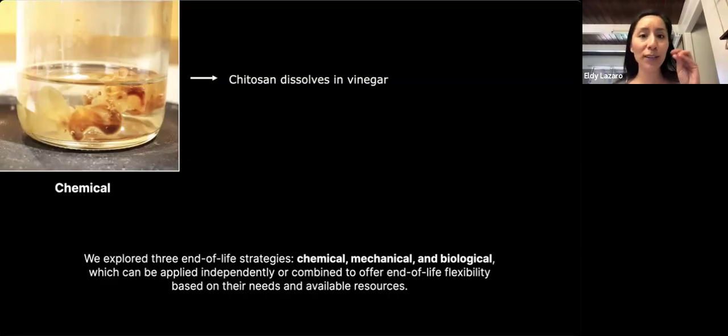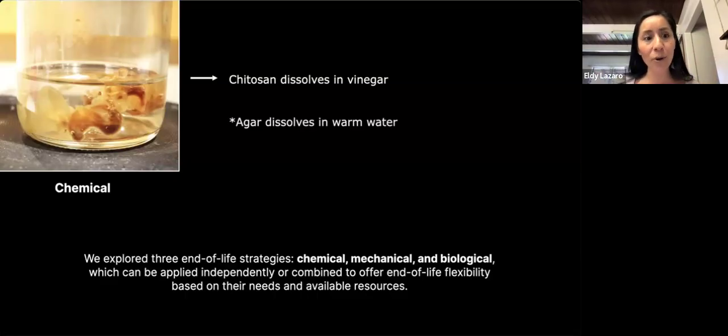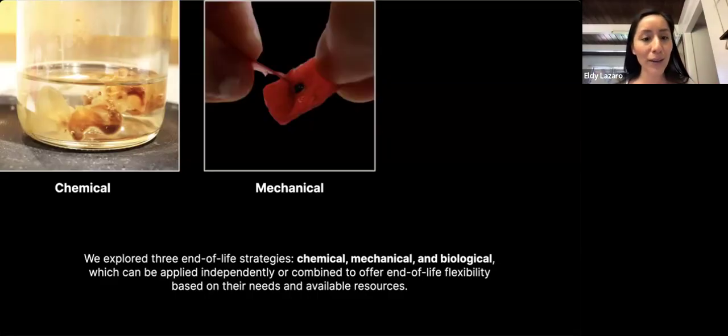And then after it's softened for a few seconds, we can remove it and take out all the electronics that can be embedded, or simply grind the material back into a powder and reuse it for a new purpose. In the case of agar, it dissolves in warm water. So that would be the associated chemical strategy for agar.